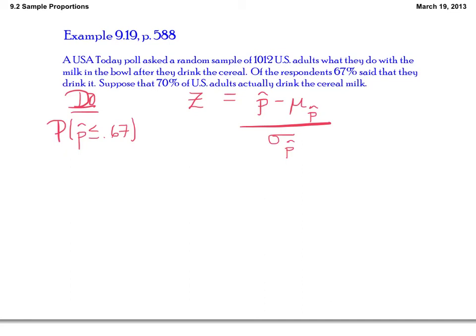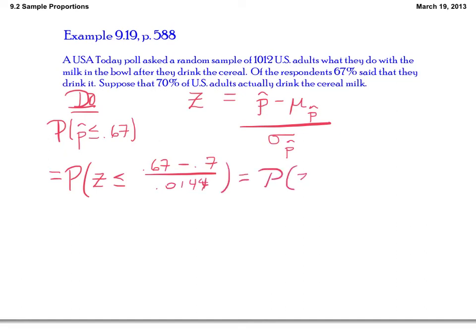So the probability that p hat is no more than 0.67 is the probability that z is less than 0.67 minus 0.7 divided by 0.0144, or the probability that z is less than or equal to negative 2.08. If you look on your table, you should find that this probability is about 0.0188.